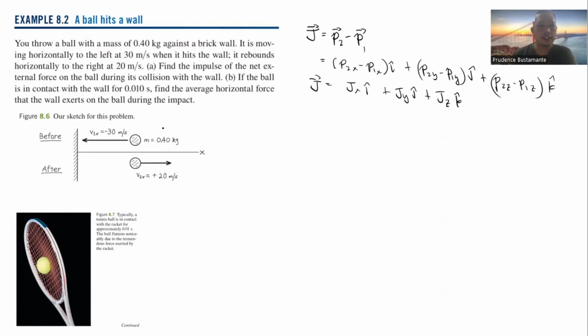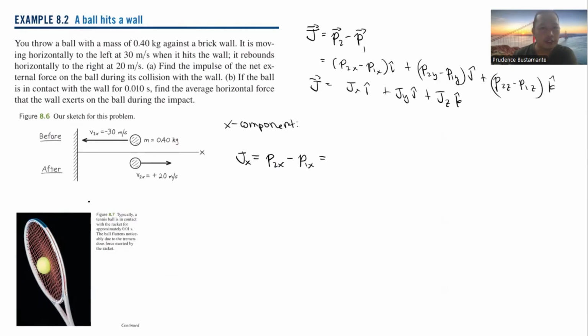Since this problem is just one-dimensional along x, we can just use the x component. Jx is equal to P2x minus P1x.